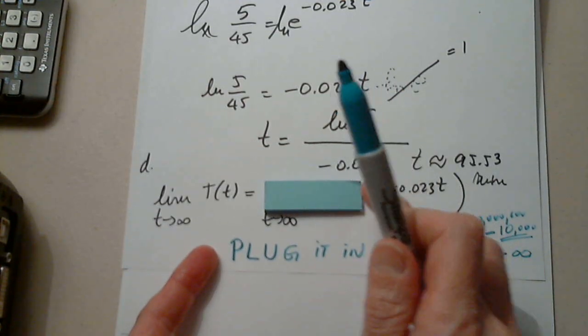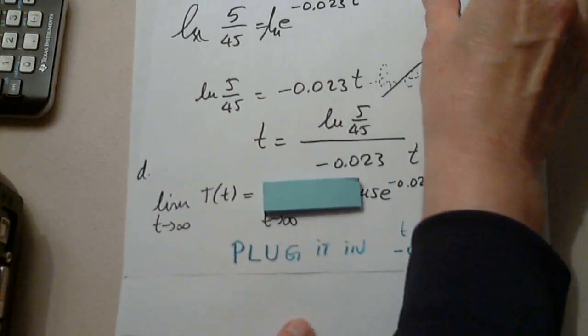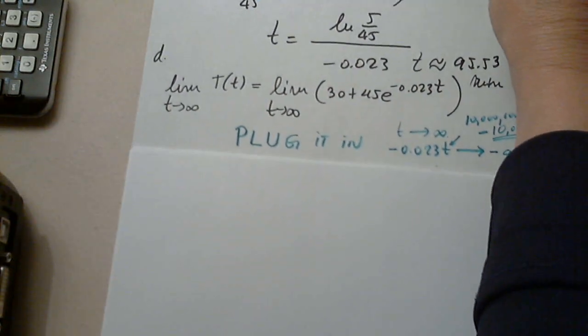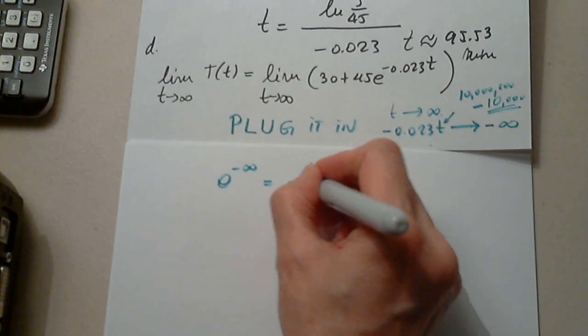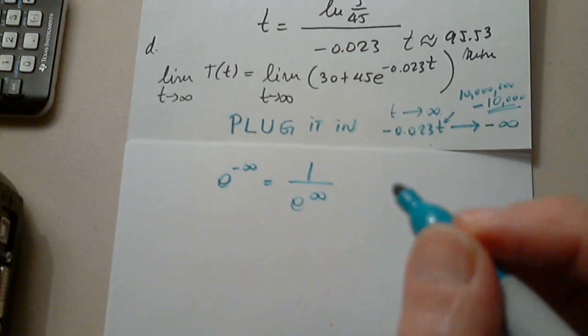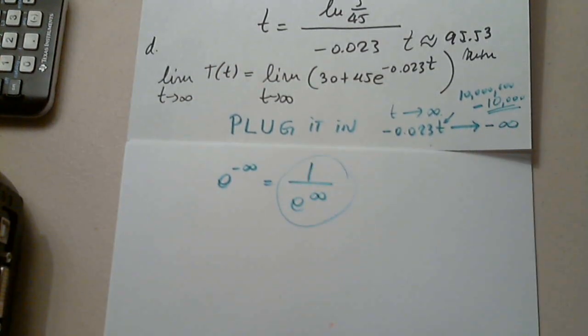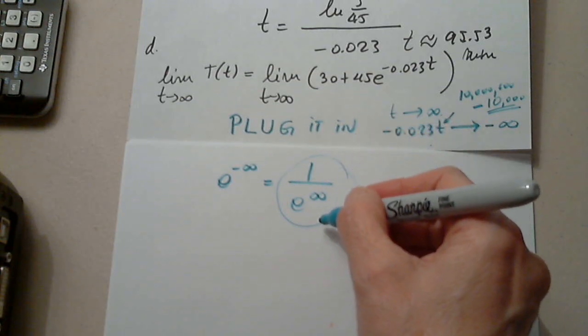Good. What do we know about e to negative infinity? Well, I shouldn't write this, but it's important for you to see it. We discussed this limit a long time ago. Small over huge.